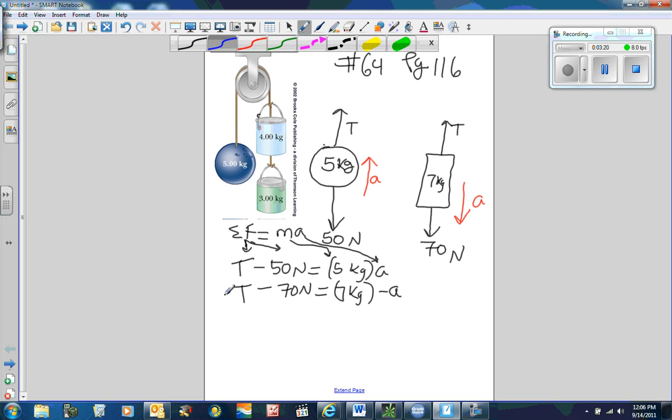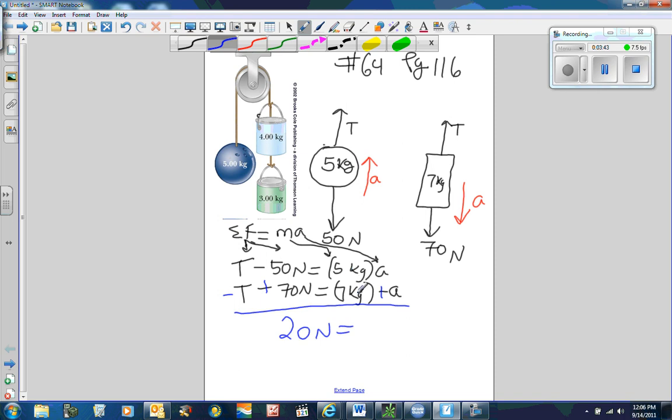Meaning I'm going to multiply through by negative, make everything positive, and then I'm going to just add them together. Well, T minus T is 0, and then I'm going to have 70 minus 50, and that's going to give me a positive 20 newtons.